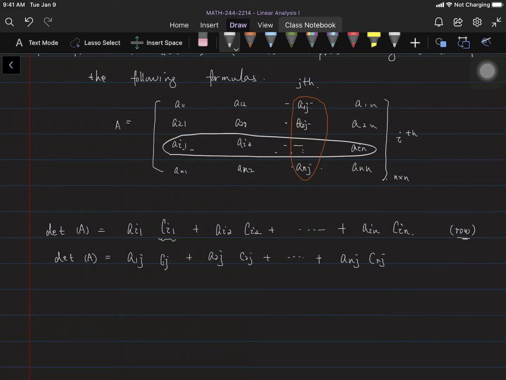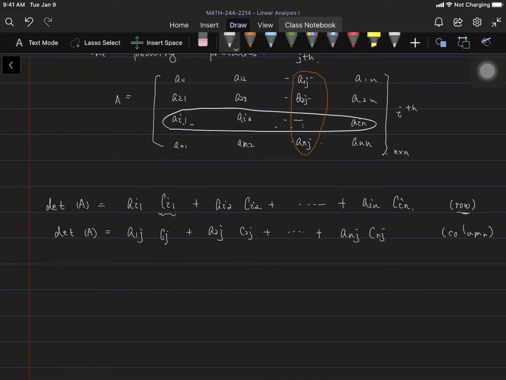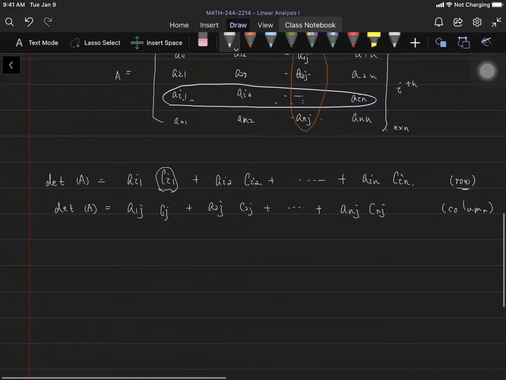So in this case, you just need to know we expanded by the column, by using the column. If you look at my circled row and column, I will tell you what CI1 means. Okay, so here Cij means what? Cij equals -1 to the power i plus j times Mij.